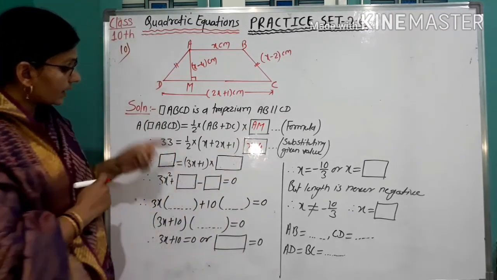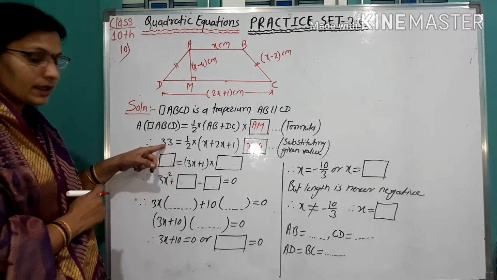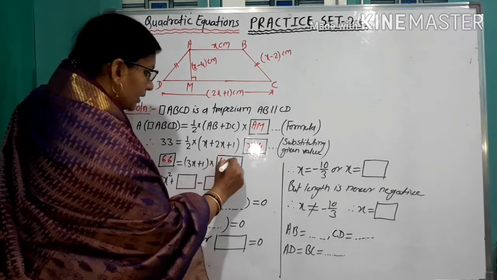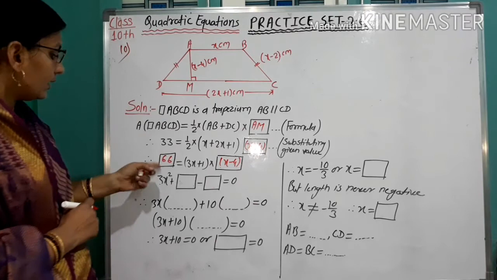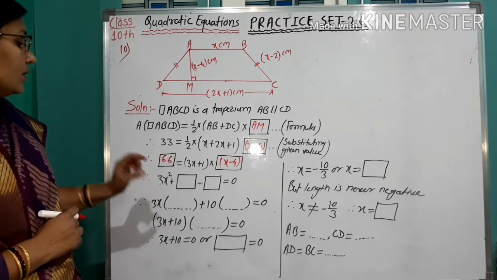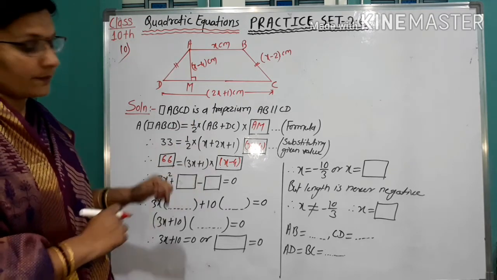Therefore next step, 1 by 2 is not here, means this 2 is multiplied by 33. So we have here 66 and this is x minus 4. Then next step, 3x square, means equation is in the quadratic form. So solve this equation on the rough page.